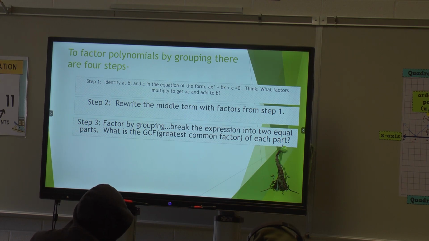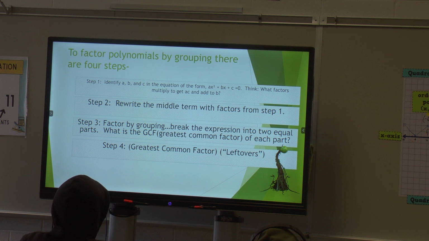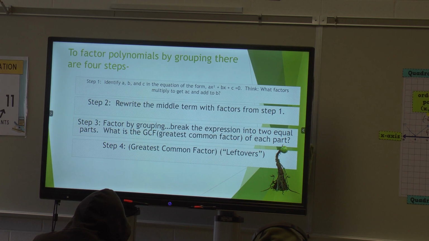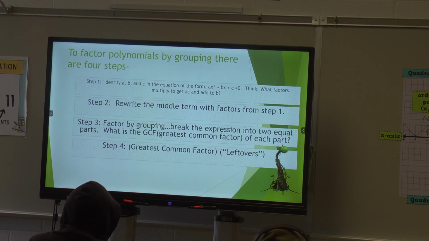Once we do that, we will be able to start to find our greatest common factor and leftovers. Meaning the greatest common factor will be outside the parentheses, and each set of parentheses should have a common thing. So say they might be 2x minus 1 on both sides. You're going to combine those, and then you're going to put whatever the leftovers are in the second set of parentheses.